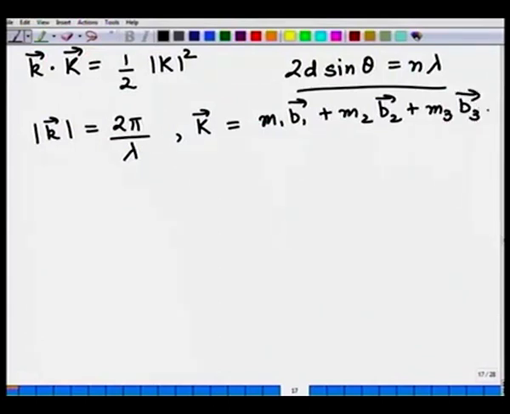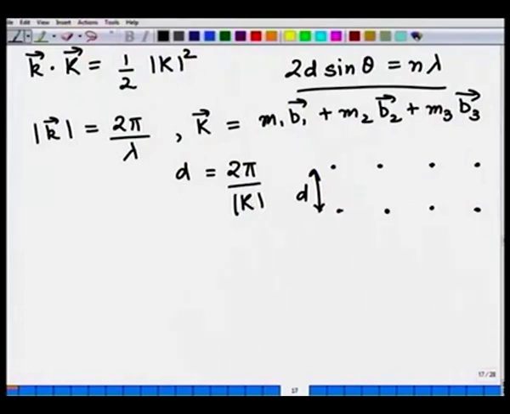I am writing in general form, and d is the spacing between the planes. If I have these planes, atomic positions, and this is the d spacing between them, then the d spacing is equal to 2 pi by K magnitude. That is the spacing between these.